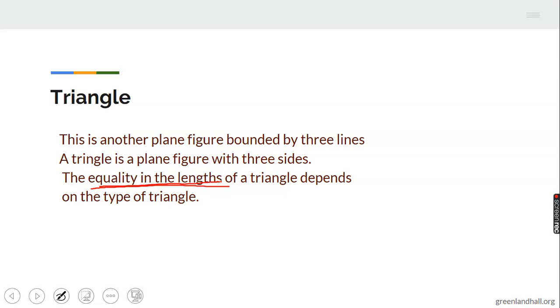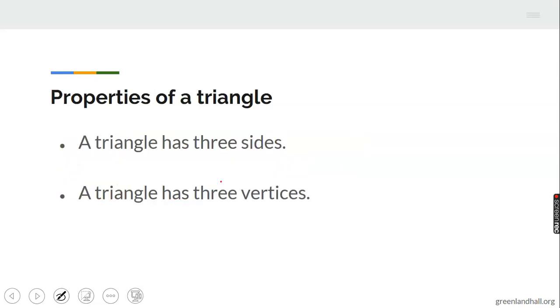So when you are saying that the length of a triangle is equal, you'll be looking at the properties based on the type of triangle. Maybe in our subsequent classes, we'll be looking at triangle in full details. But note that a triangle is a plane figure with 3 sides.